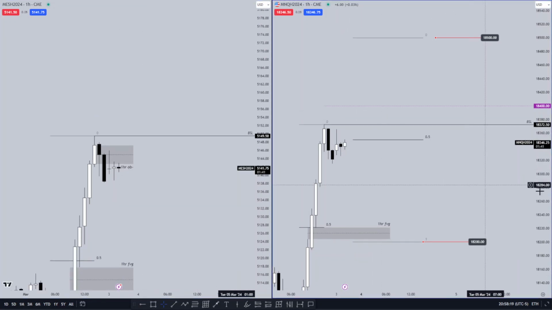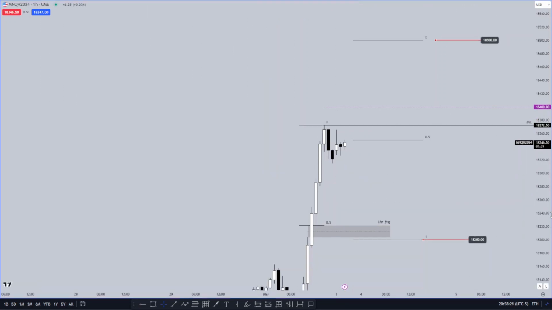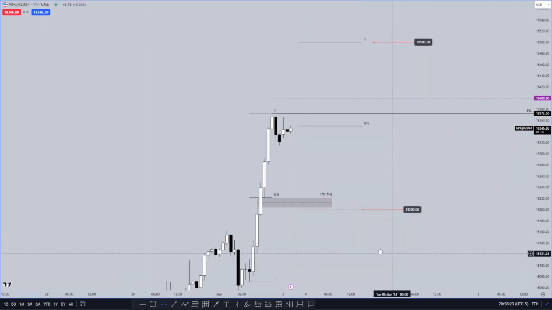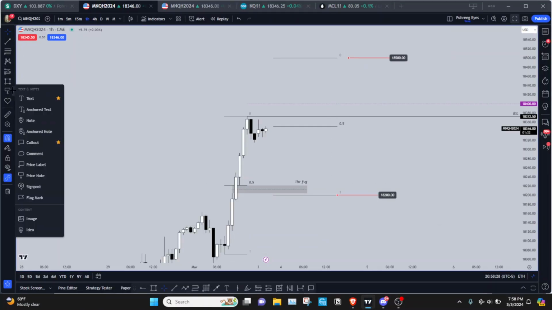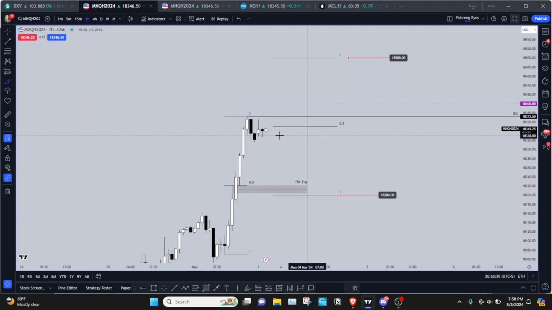Okay, so basically let me actually do this. We have these two price levels. What I'm expecting is price to go lower, then to go higher right here.